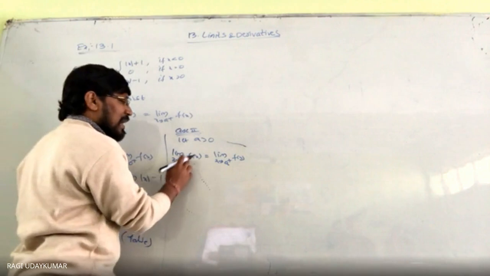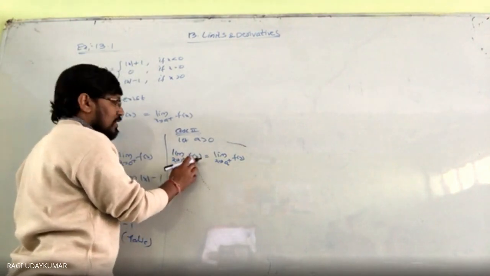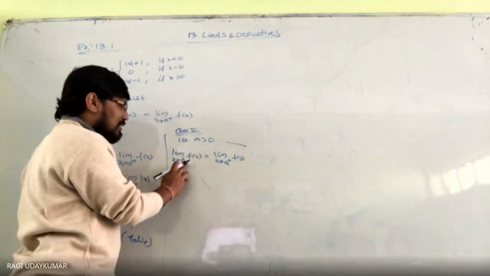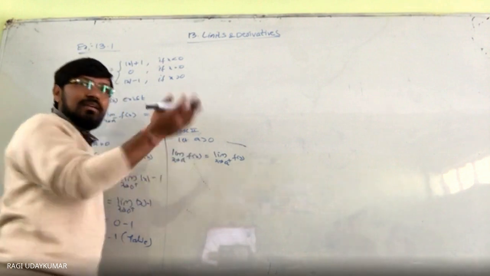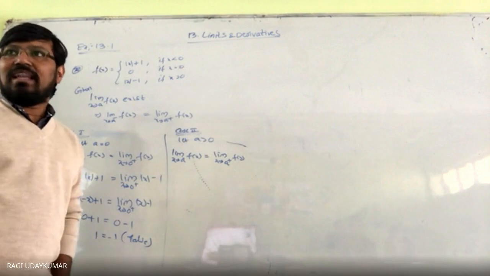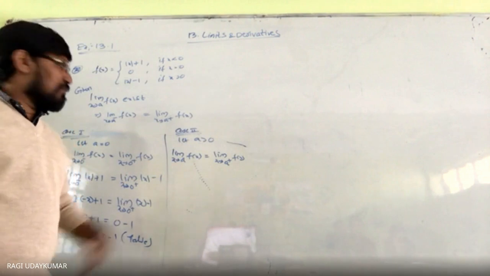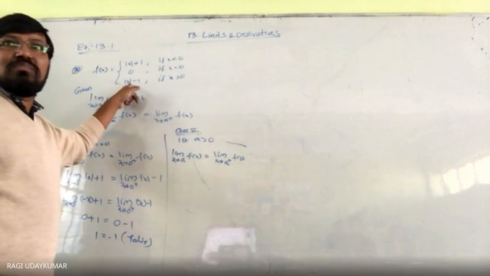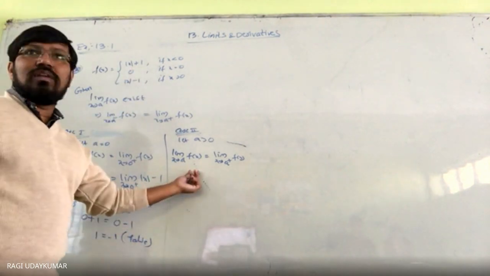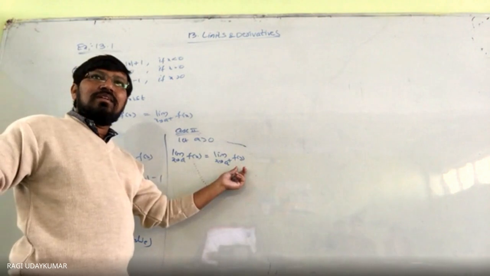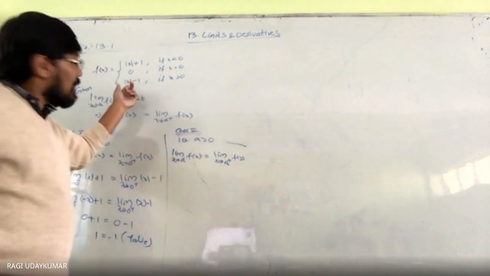So what do you get here for the limit of f of x? As a is a positive number, consider any number, like 2 or 5. If it is 5, it is mod x minus 1, and you need to substitute 5, and you will get 5 minus 1.